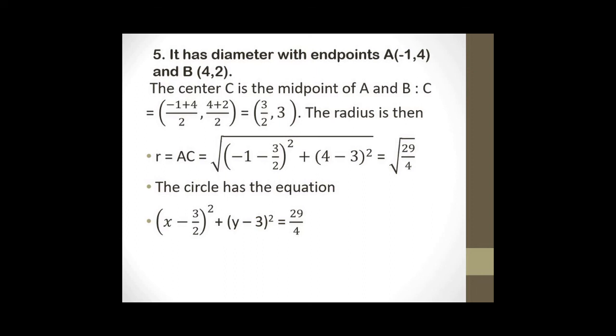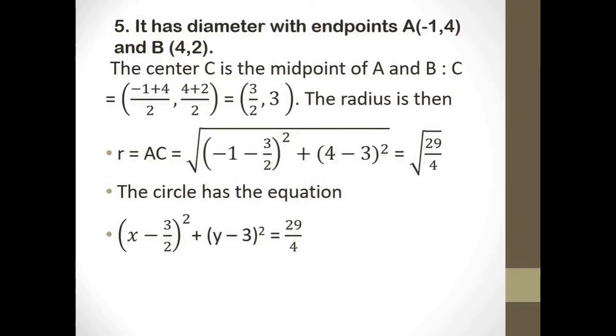Then the radius R is equal to AC, which is the square root of (negative 1 minus 3/2) squared plus (4 minus 3) squared, which is the square root of 29 over 4. Then the circle has the equation (x minus 3/2) squared plus (y minus 3) squared is equal to 29 over 4.